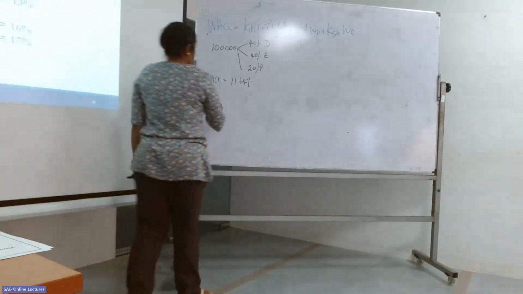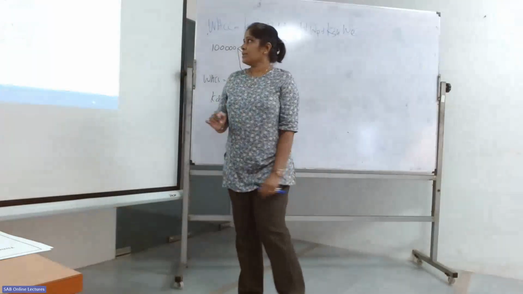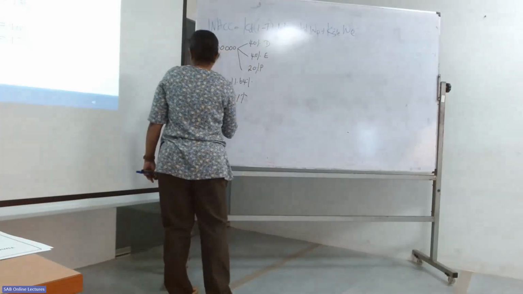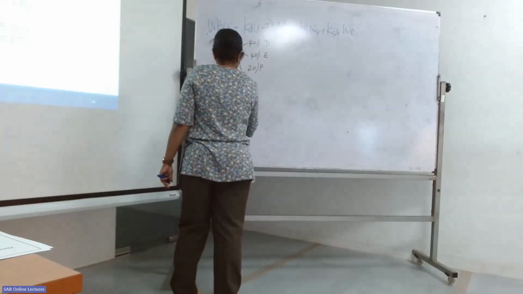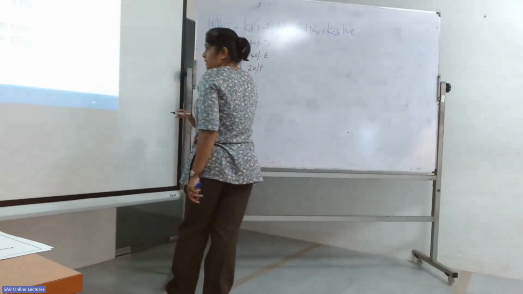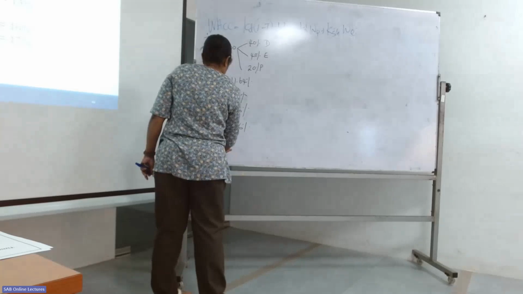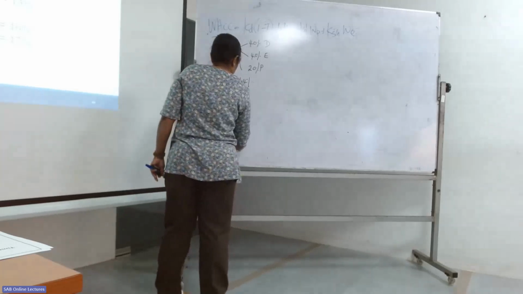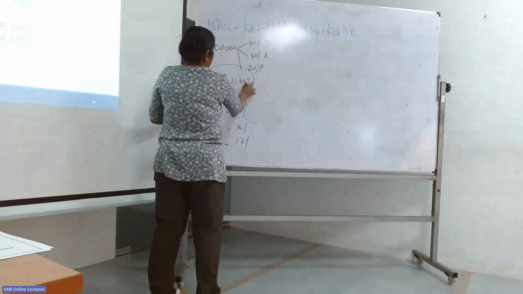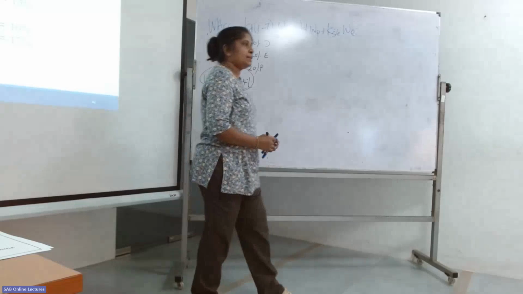It was provided: cost of debt as 11%, cost of preference shares as 13%, cost of internal equity, retained earnings 16%, and cost of external equity, new stock issue 17%. So now we have estimated this weighted average cost of capital using retained earnings.